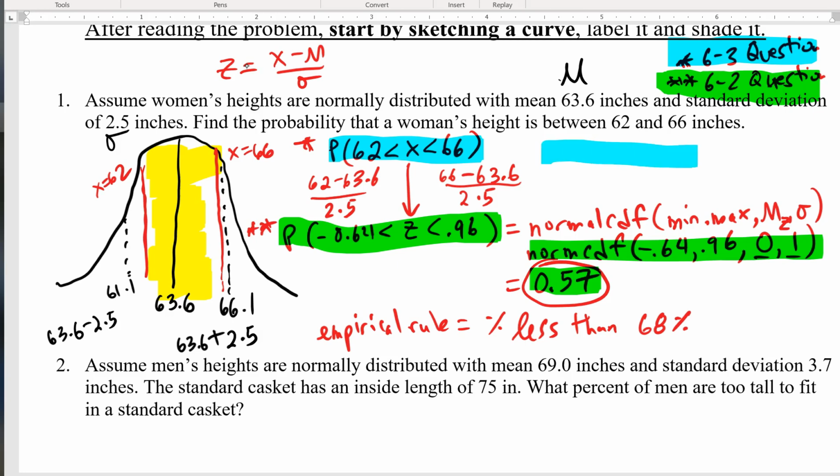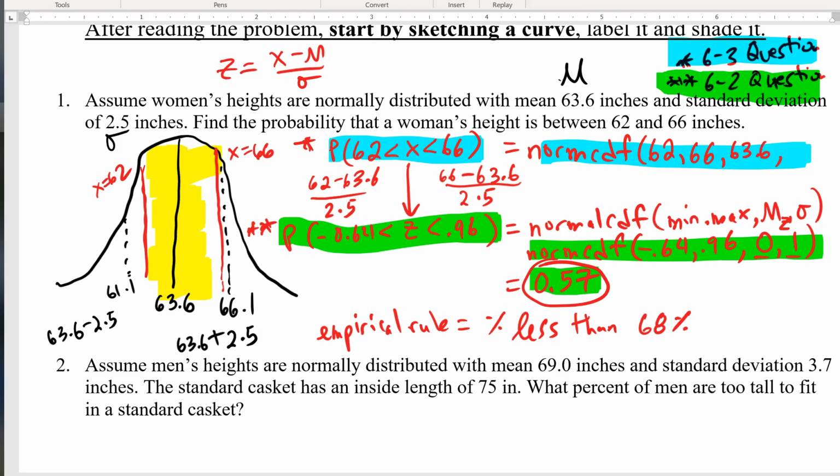Well, here's the good news. I can still use normal CDF. So I'm going to keep doing these both ways just so we can see, but I can actually put in the minimum X, which was 62, the maximum X, which was 66, and this time I put in the actual mean and the actual standard deviation. Since we're not dealing with the z-scores, the mean is going to be 63.6, and the standard deviation is going to be 2.5.